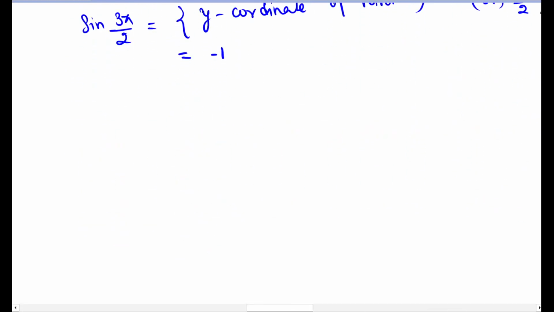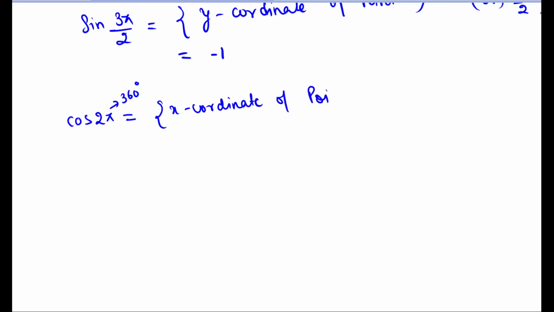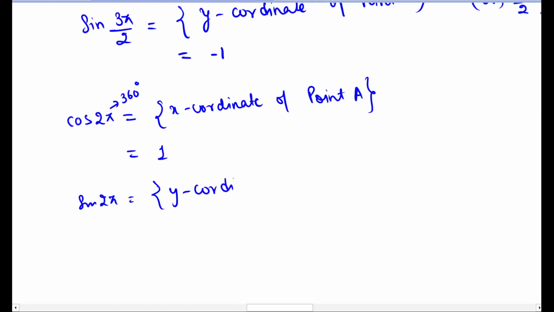So last we have cos 2 pi. 2 pi is the angle of complete revolution. So we have now completed our revolution. Cos 2 pi is the x coordinate of point A, which is equal to 1, and sine 2 pi is equal to the y coordinate of point A, which is equal to 0.